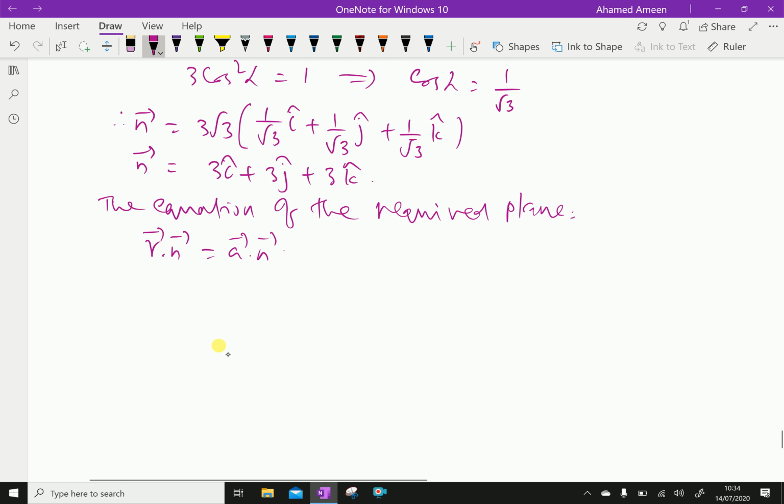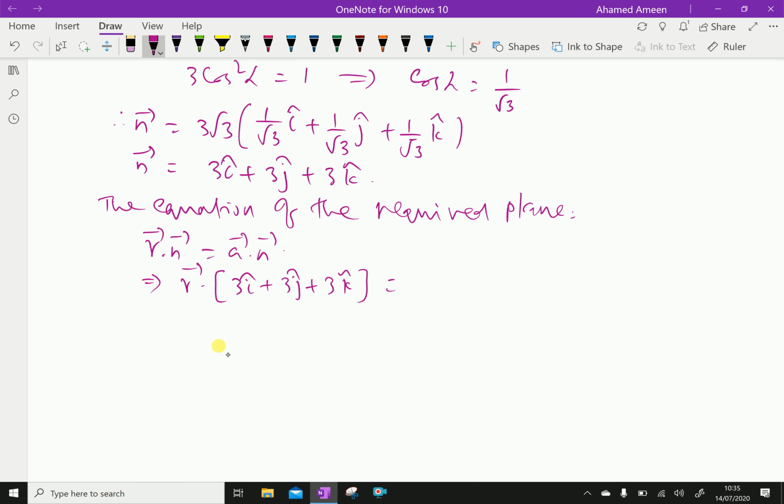Let us substitute. r dot n vector is 3i plus 3j plus 3k equals a vector, which we already have as minus i plus j plus 2k, dot n vector, which is 3i plus 3j plus 3k.